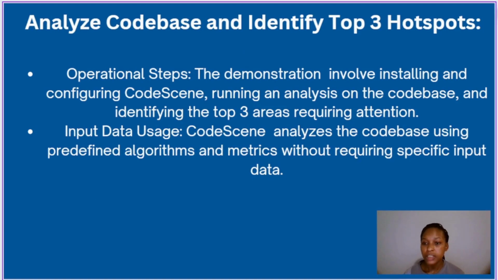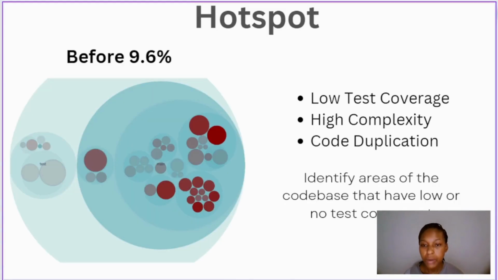Analyze code base and identify top 3 hotspots. The demonstration involves installing and configuring CodeScene, running an analysis on the code base, and identifying the top 3 areas requiring attention. CodeScene analyzes the code base using predefined algorithms and metrics without requiring specific input data. This is our CodeScene.